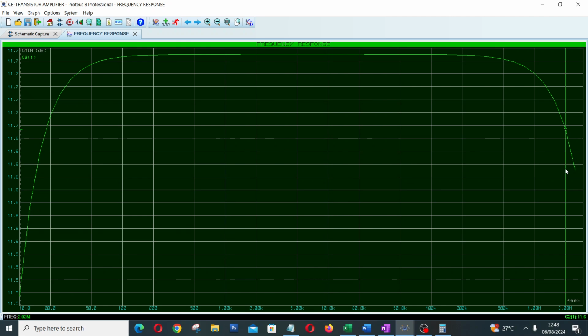Then to find the bandwidth is just the upper frequency minus the lower frequency.